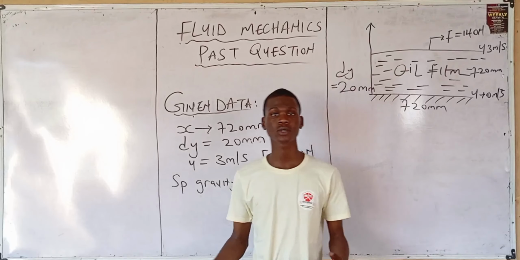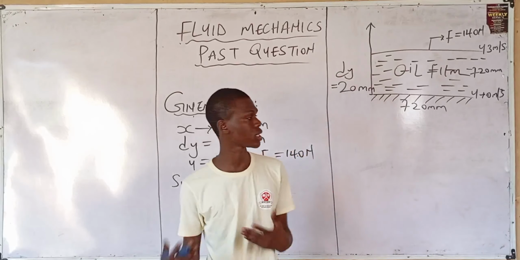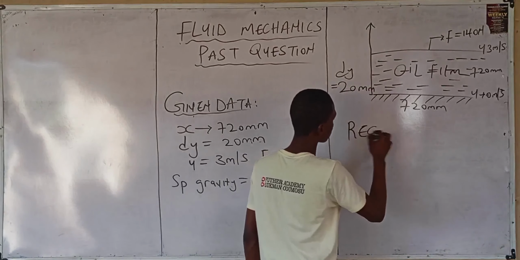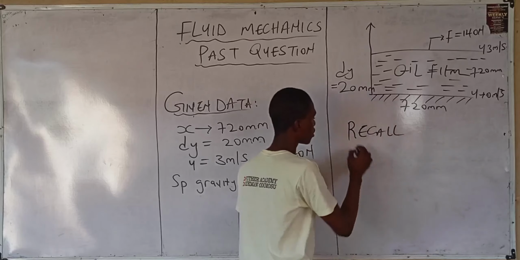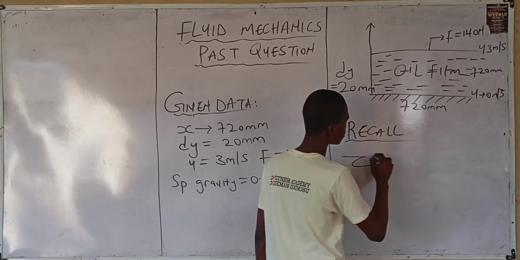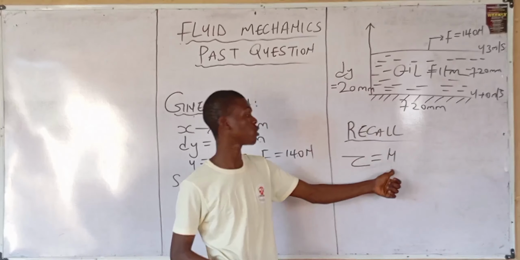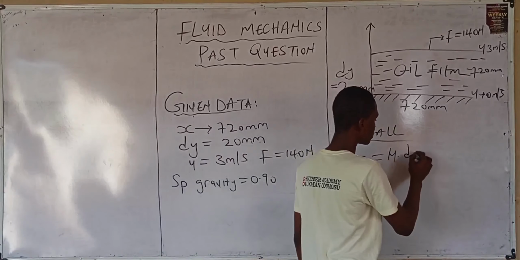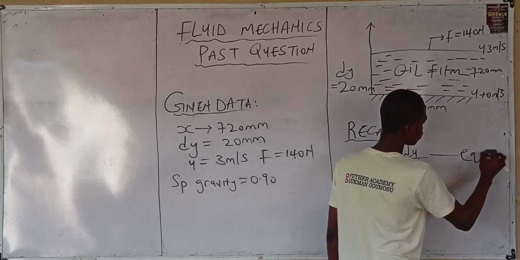Alright, with this, let's solve the first question, calculating the dynamic viscosity and also the kinematic viscosity. We know shear stress is equal to the product of dynamic viscosity times the velocity gradient, du over dy. Call this equation 1.